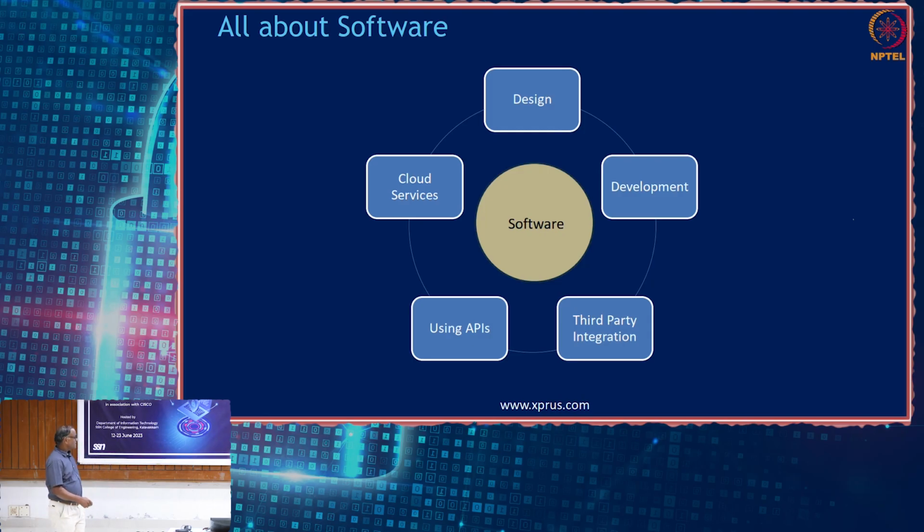So how do I integrate with the third parties? How do I use their APIs? And what kind of cloud services? These are not mandatory, but design, development, testing, rollout is the typical cycle. But because of cloud and third parties, this is how the current software development architecture looks.